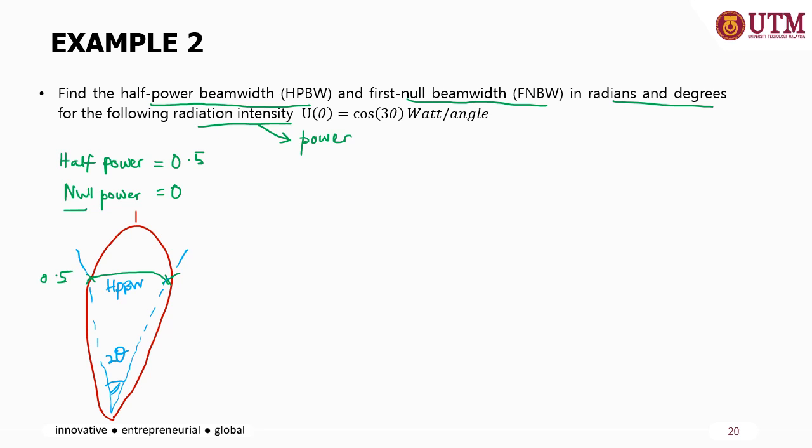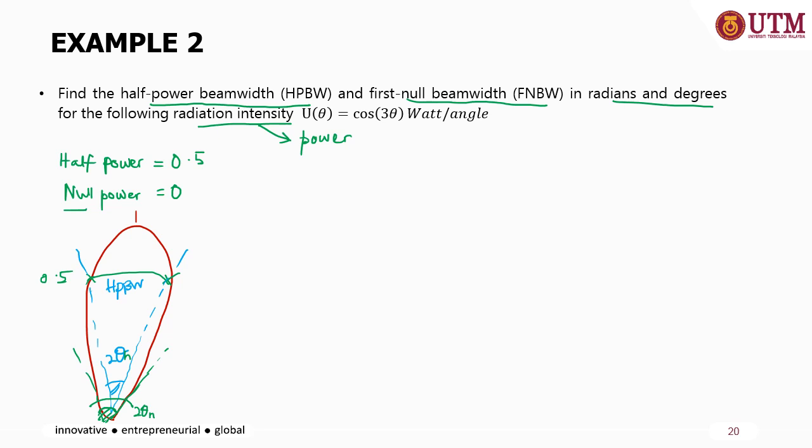Then the null power is measured at the null position. This is the null position near the major lobe, so this is your null angular separation, at 0. We can call this theta HPBW, and this is 2 theta for the null.